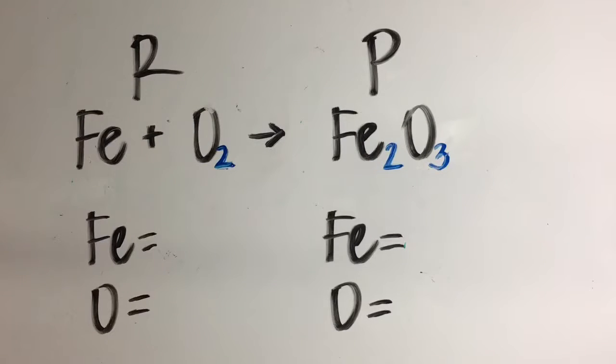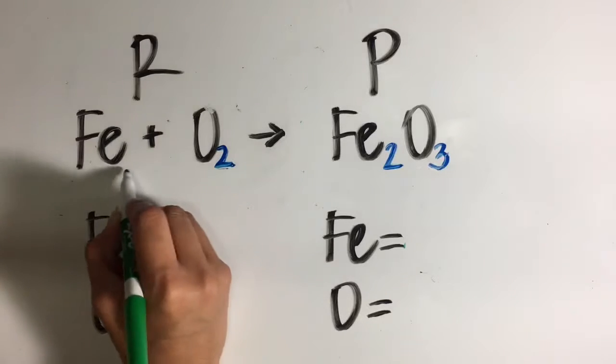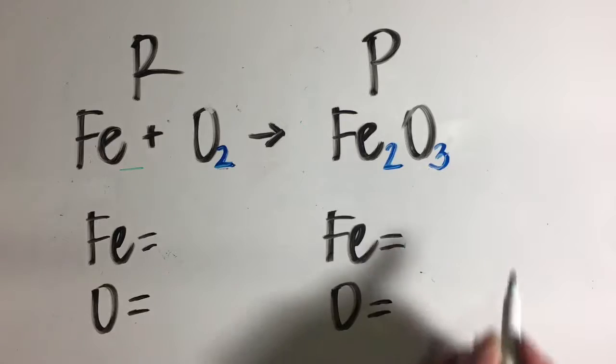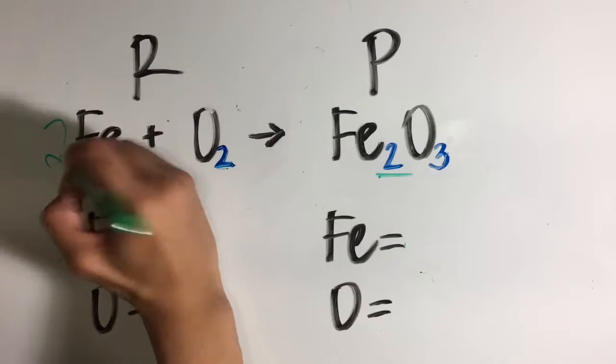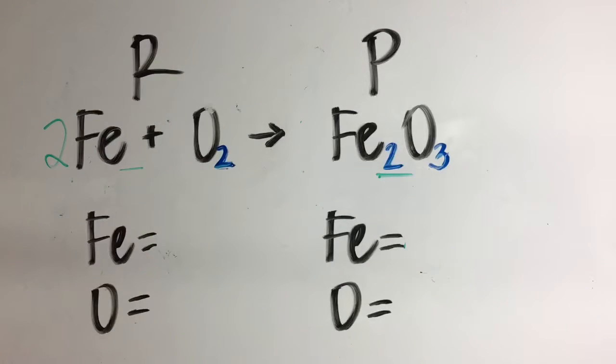In this equation, iron is present in 1 reactant and 1 product, so balance its atoms first. There is 1 atom of iron on the reactant side and 2 atoms of iron on the product side. So you might think putting a coefficient of 2 in front of iron on the reactant side would work.